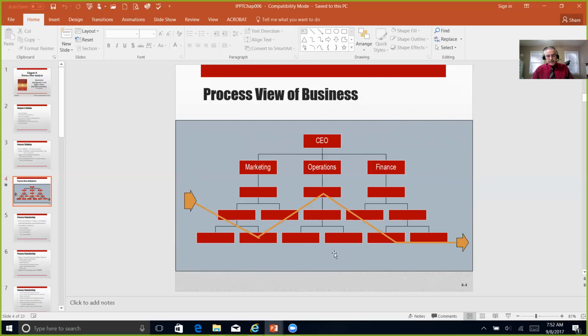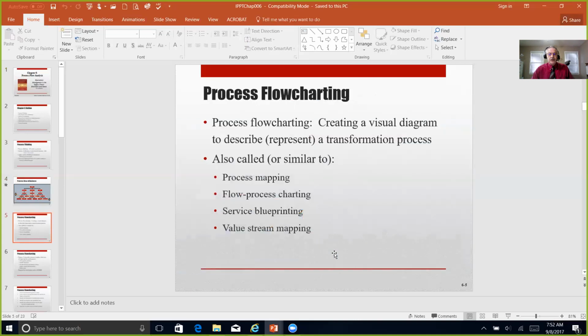Then the next comment with this particular chapter begins on page 114, where we talk about process flow charting. And process flow charting really refers to the creation of a visual diagram to describe a transformation process. Now, flow charting certainly has many different vernaculars, one of those being process mapping, flow process charting.